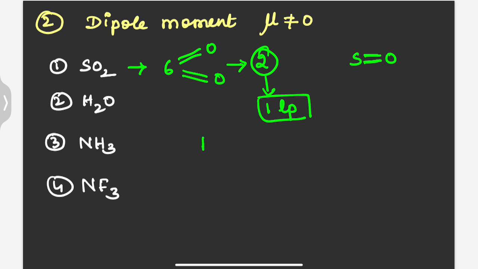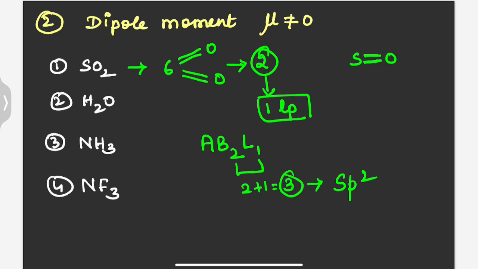Here the central atom A is sulfur, and the bonded atoms are B2. How many lone pairs of electrons are present? 1 lone pair is present. Add this: 2 plus 1 is equal to 3. If it is 3, what should be the hybridization? Hybridization is sp2.